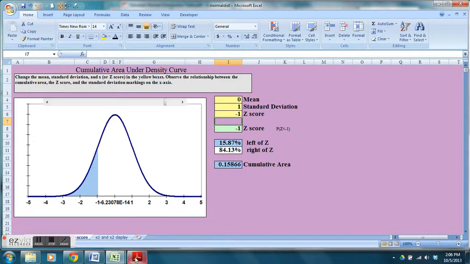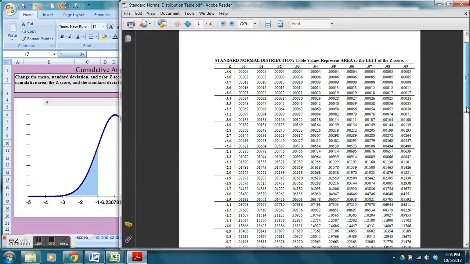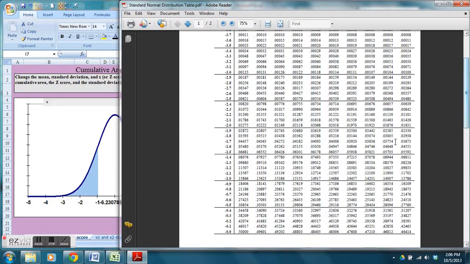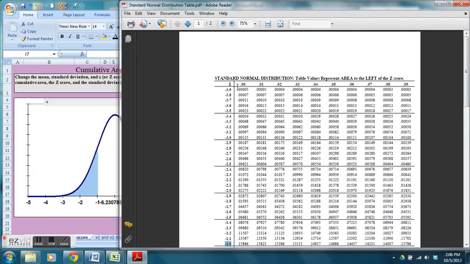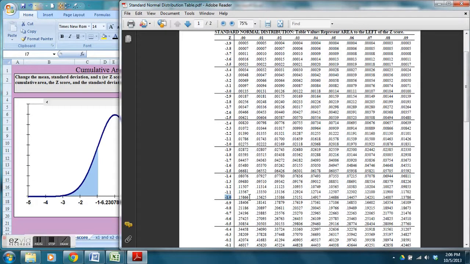Go to our table, find -1.00, that's this guy, 0.15866.